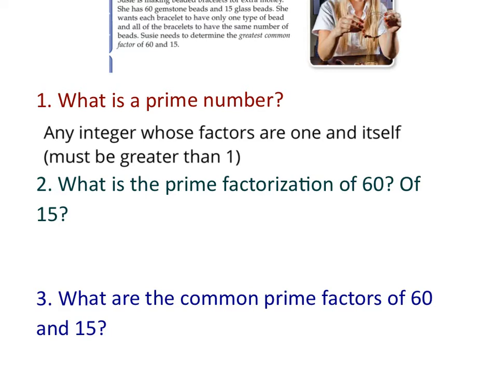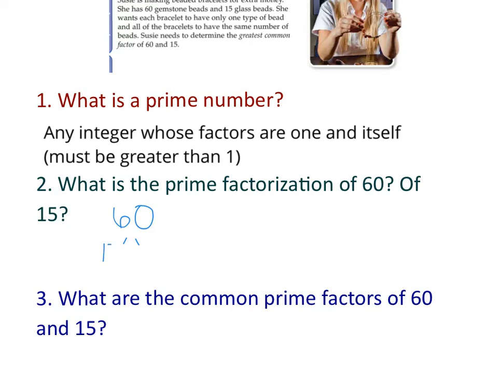Question 2, what is the prime factorization of 60 and of 15? So let's take a look here at 60. We're going to do what you've done before, maybe in past grades, and let's make a factor tree. So if I write 60, I now need to break down 60. What goes into 60? And think of the largest perfect square.